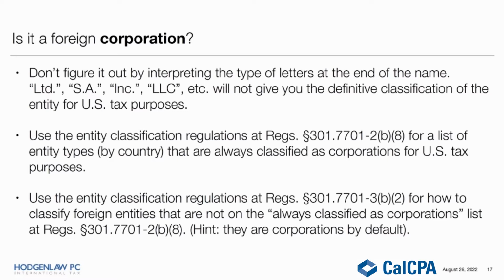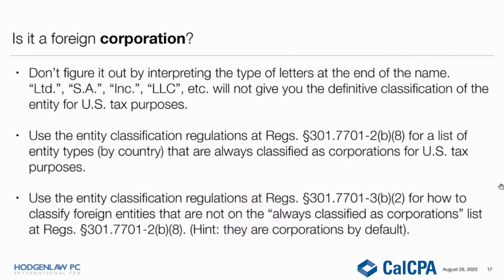And I'm just saying, do not be lulled into complacency by the little magic letters at the end of the name of the company, particularly LLC, which I've seen again and again, where people say, "Oh, the LLC has two owners." Around here in these parts, that's a partnership. Well, for foreign entities, the default assumption is that if all of the owners have limited liability, the foreign entity is classified as an association taxable as a corporation.